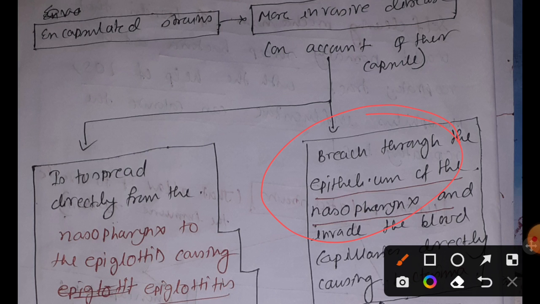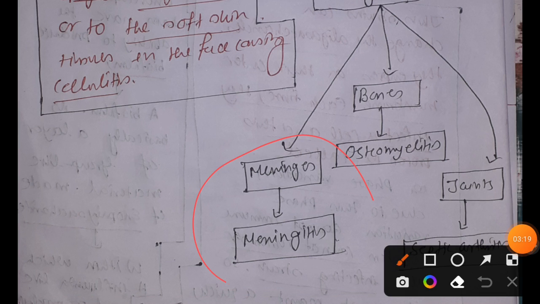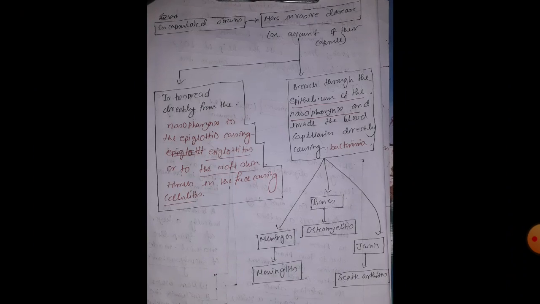As they are in the blood, they can transfer to any important part of our body. For example, to the meninges causing meningitis, to bone causing osteomyelitis, and to a joint causing septic arthritis. So that is the idea.